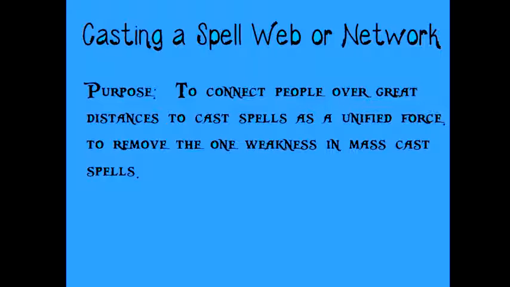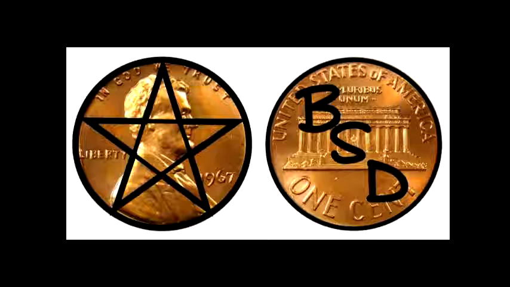So, the key to this is something else that I did a video about earlier on, and that is penny magic. What we need to do is to create spell coins. We would be doing this by taking a penny, like I suggest, and making it into a talisman.